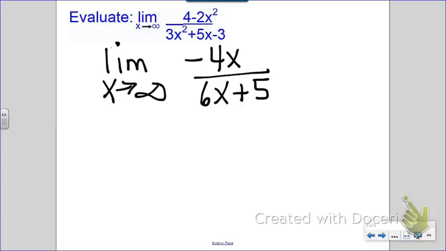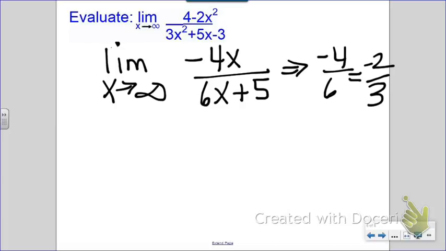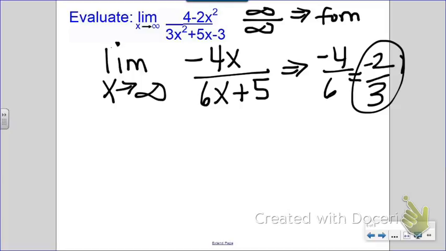If we take the derivative again, it would be negative 4 over 6, which is negative 2/3. Now we learned that when the highest power of x is the same, in this case 2, you just take the numbers in front of the x squared terms. Here's why. L'Hopital's rule allows us to solve this. Going back a step, this would be considered infinity over infinity as the form. Both of the functions would approach infinity as x approaches infinity.